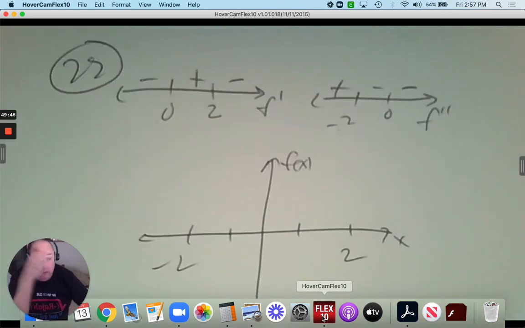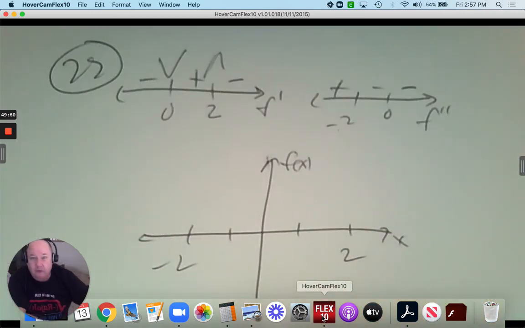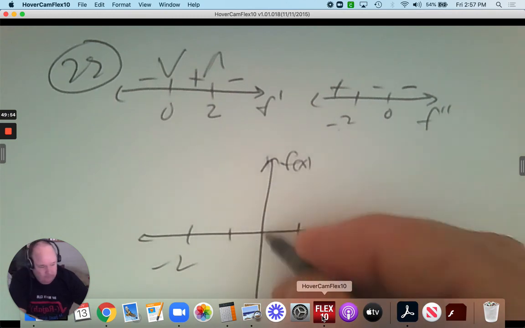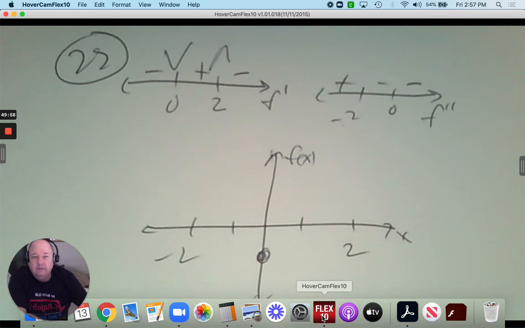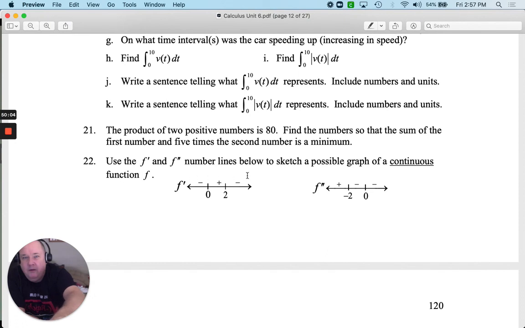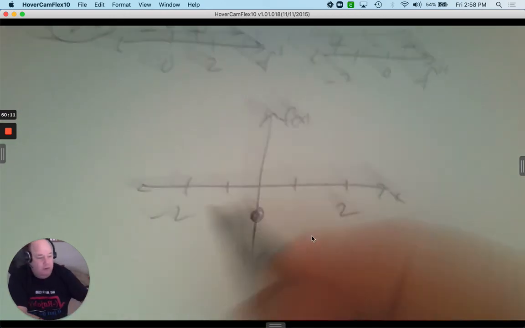What do we know? We know at 0 is a minimum and at 2 is a maximum. So I'm going to create my minimum somewhere down here. I know that's a minimum.